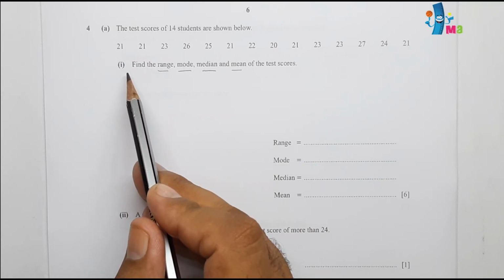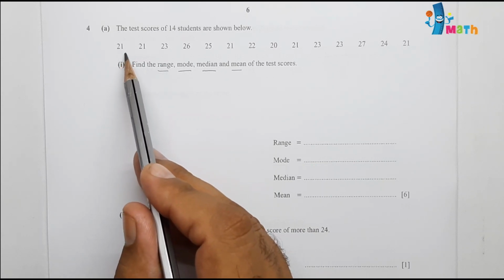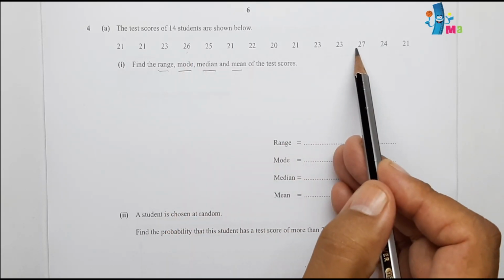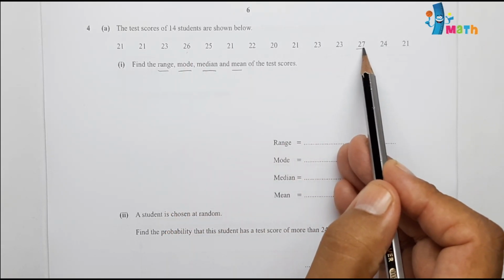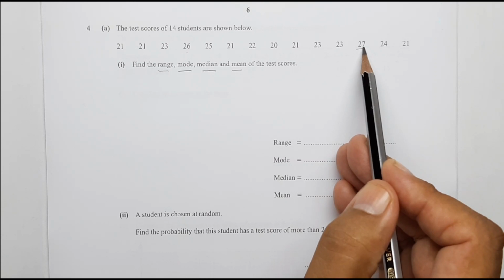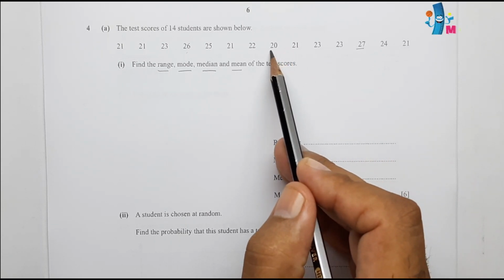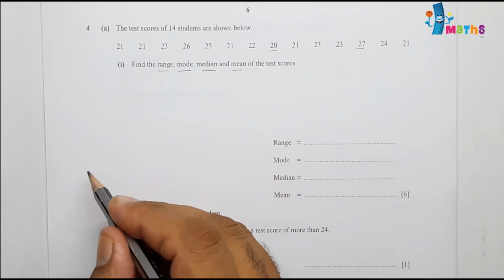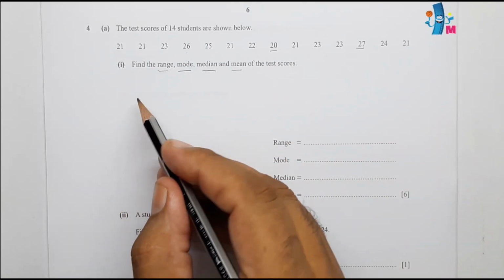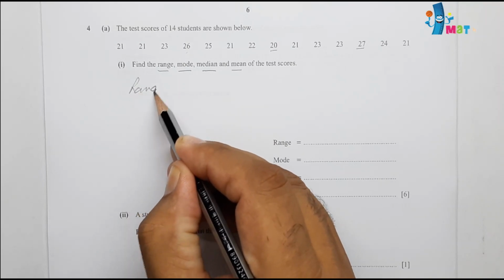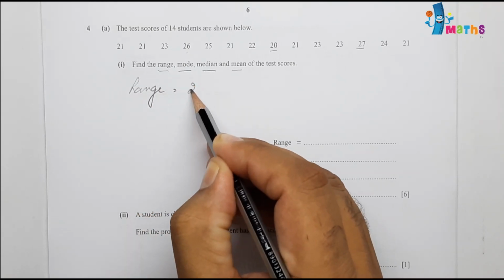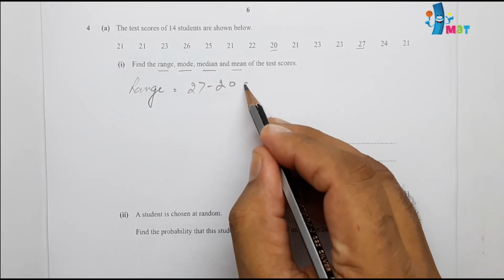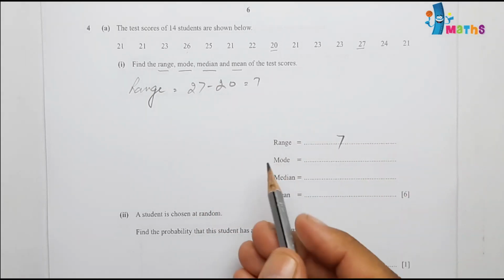The maximum number is 27 and the minimum number is 20, so range is equal to 27 minus 20, which is 7.